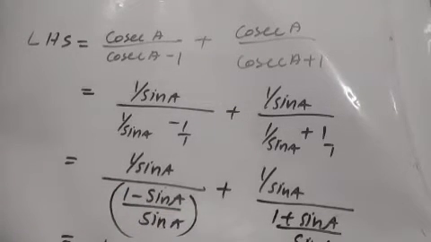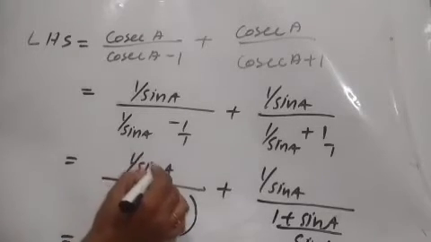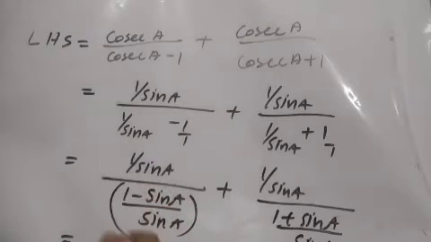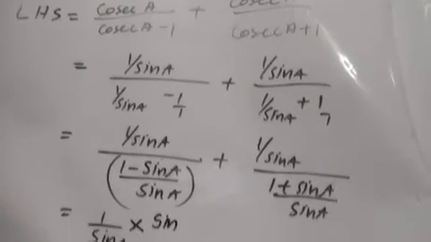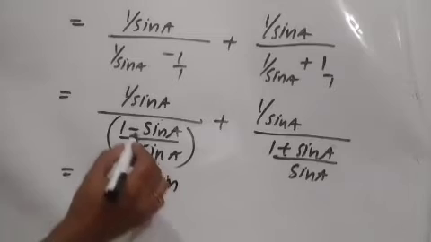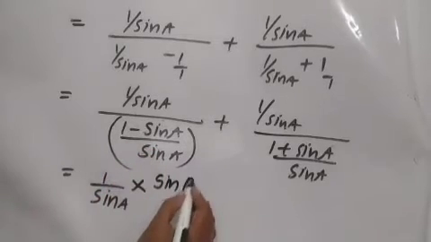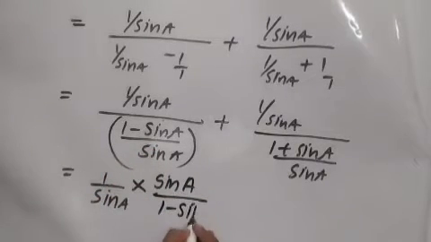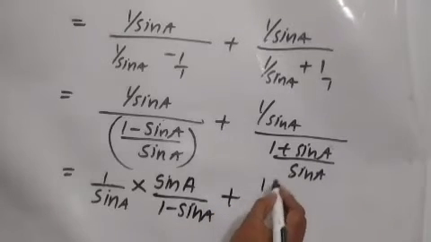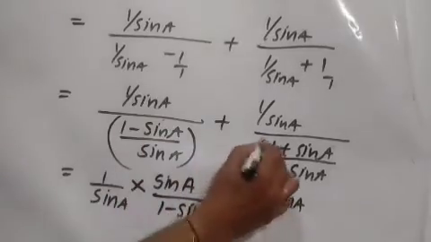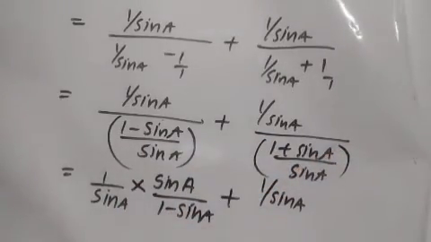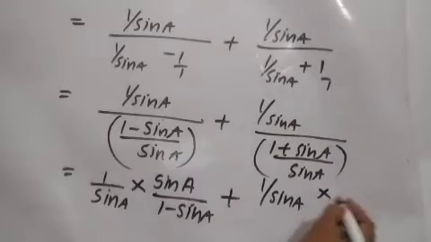When we divide 1 by sin A whole divided by this, instead of division, we do the reciprocal multiplication. That is, multiply the reciprocal of 1 minus sin A by sin A, that is sin A by 1 minus sin A. Plus, here also same step, 1 by sin A on numerator, and when we divide this, multiply the reciprocal.